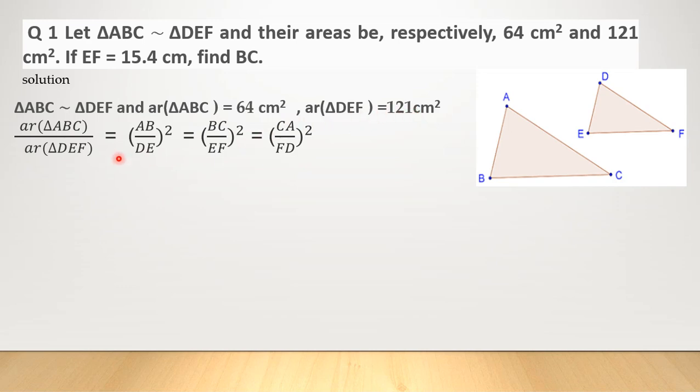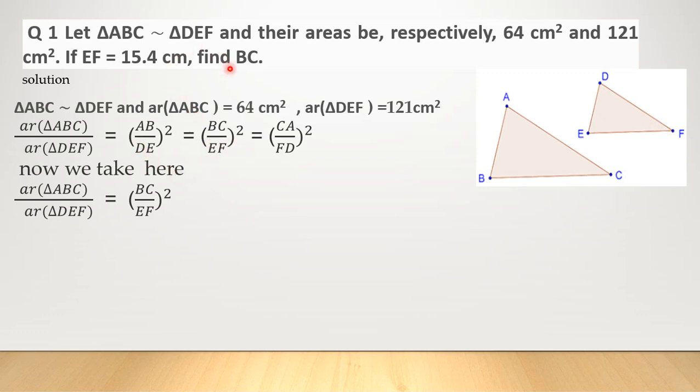So by the relationship between the areas and sides of similar triangles, we have area of triangle ABC upon area of triangle DEF is equal to AB upon DE whole square is equal to BC upon EF whole square is equal to AC upon DF whole square.